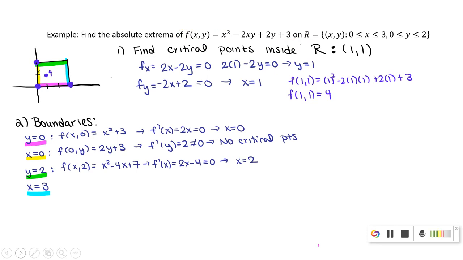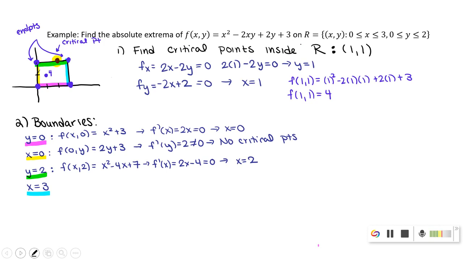The derivative of that would be 2x minus 4. Set it equal to 0, I get x equals 2. So along that boundary y equals 2, at x equals 2, we have a critical point. Let me circle it. It's right here. So the point (2, 2) is a critical point along that boundary. And then I'll have to check my endpoints.